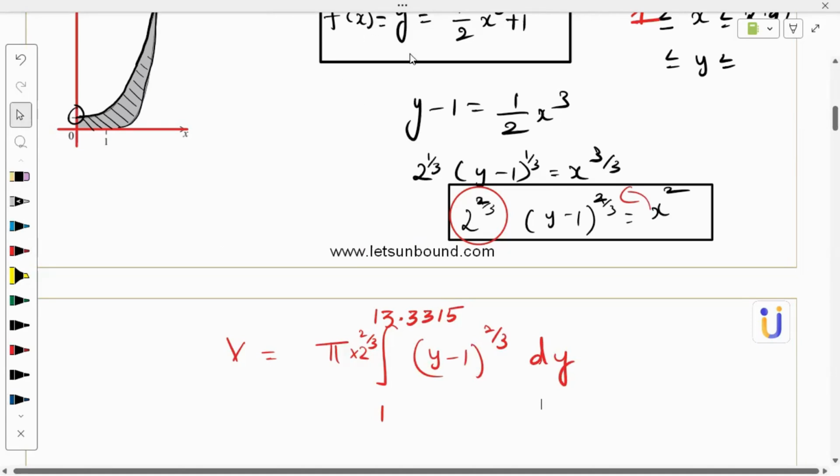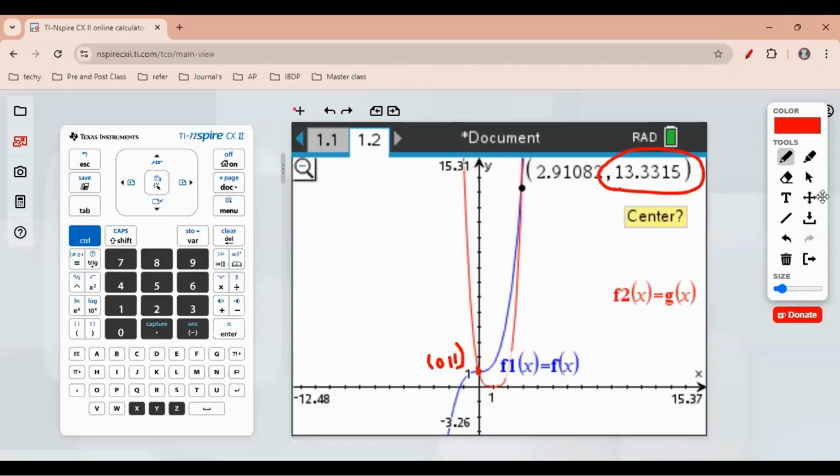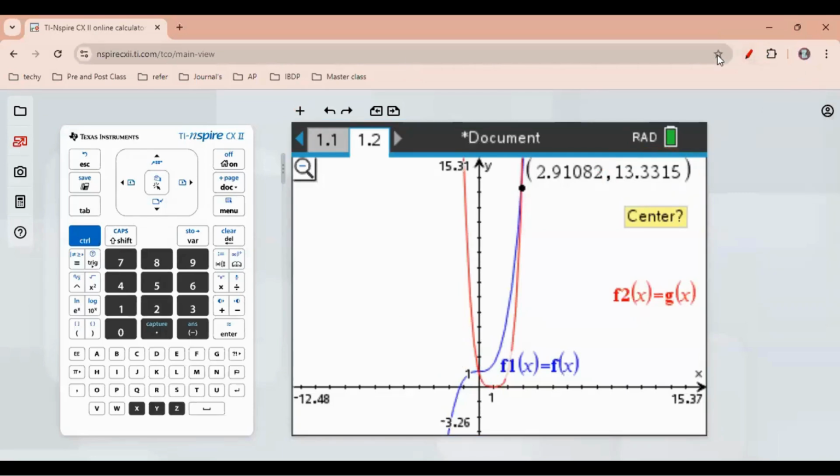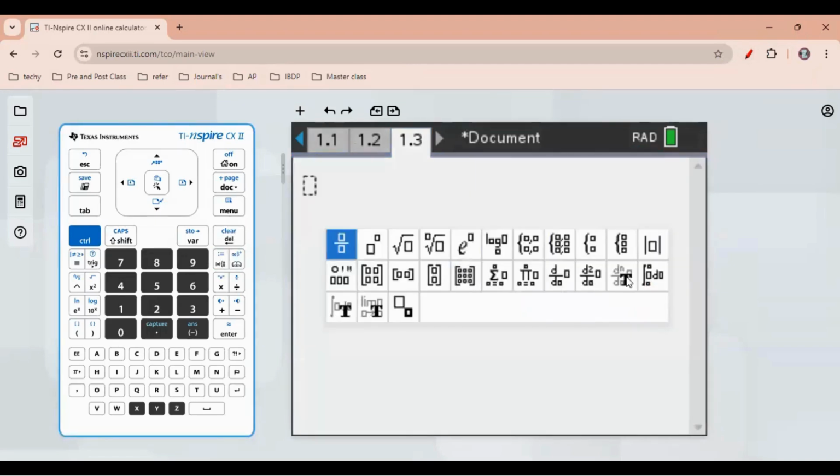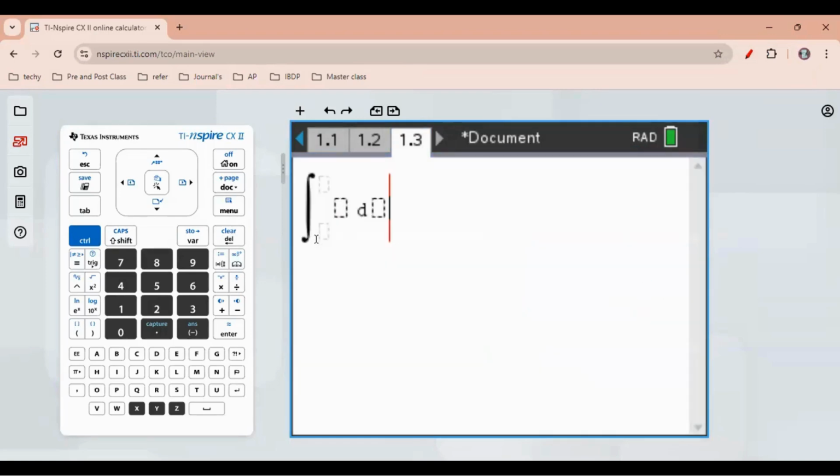Here we go. Take a new page. I need to solve for an integral, so let's go for the integration with limits.